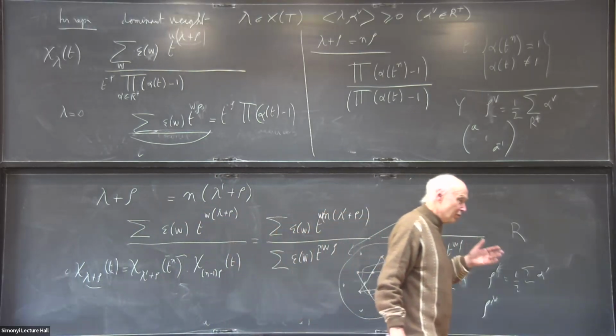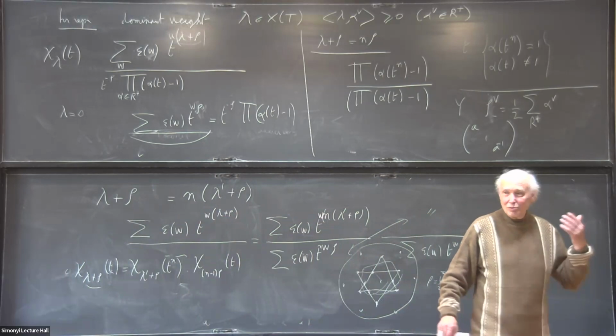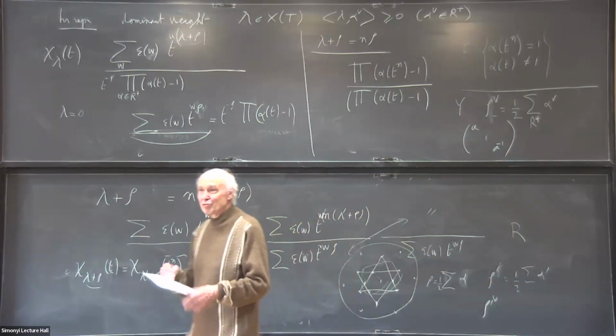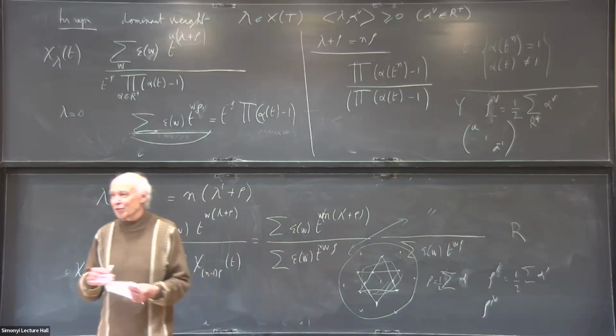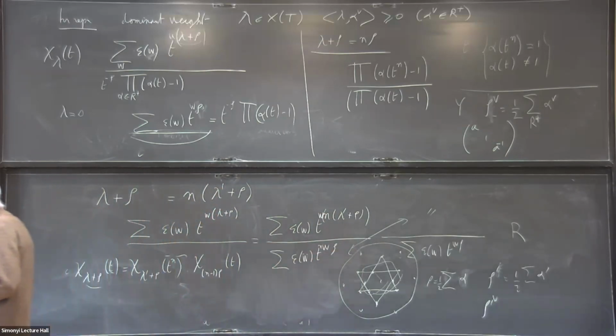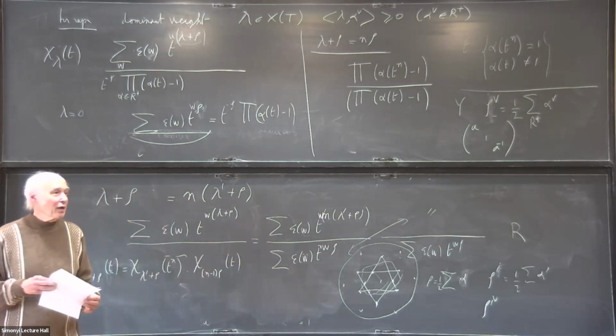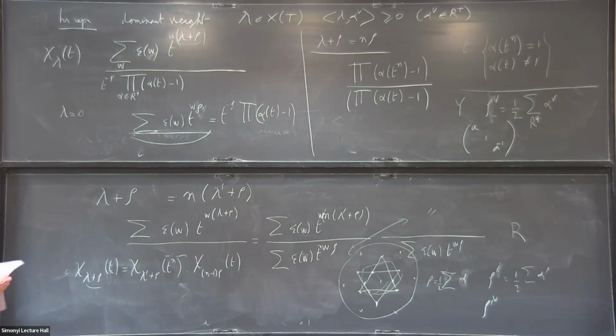You have also B2, C2, F4, where you have a multiplication by square root of 2 and the same kind of story. So when there are 2 lengths of roots, you have another one parameter subgroup where nice things can happen.